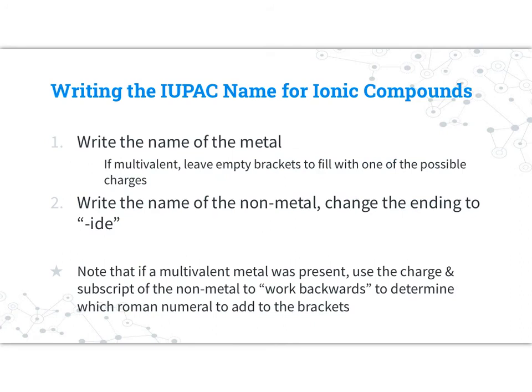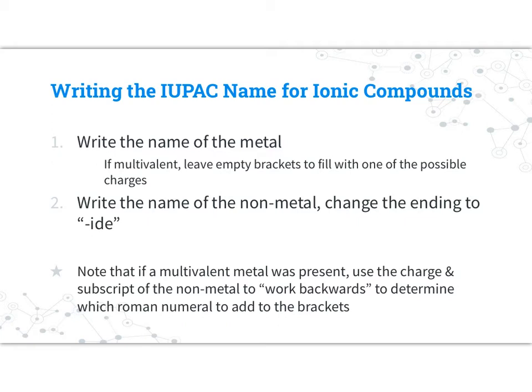Writing the name for ionic compounds from their formula. We're going to write the name of the metal, just as is, no ending. If it is multivalent, don't forget to leave empty brackets so we can fill in the charge. It might not be clear right away what charge it is, so I just leave them blank until the end.